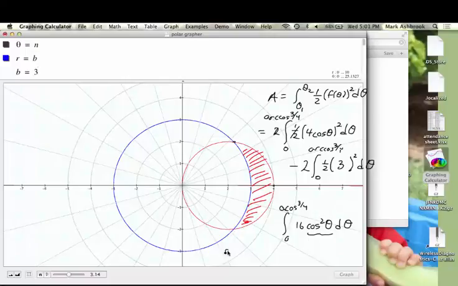So it's 16 times 1/2 (1 plus cosine 2 theta). And if it's sine squared, 1/2 (1 minus cosine 2 theta). And then you're home free. So that's just the first one, and then you're going to subtract that one, which is really easy, right? That's a really easy integral, just 9 d theta.